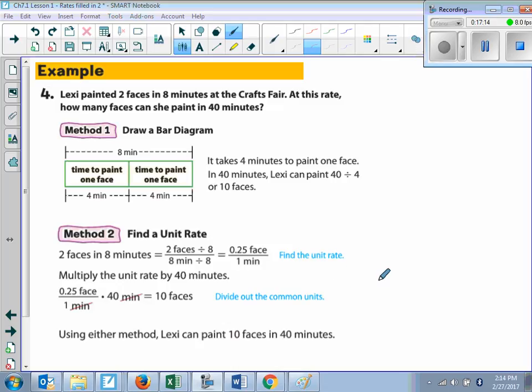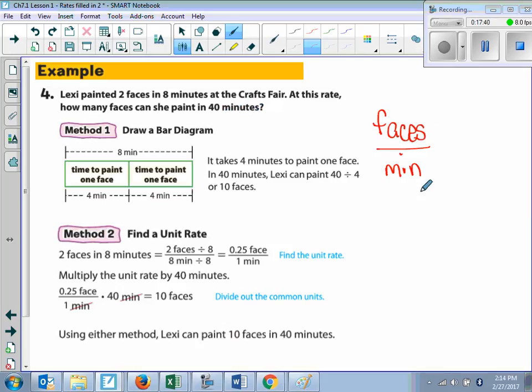So, we want to know how many faces she can paint in 40 minutes. So, that tells us what our fraction is going to be, right? Faces per minute, right? Because it says how many faces can she paint in 40 minutes. Is everybody clear with that?